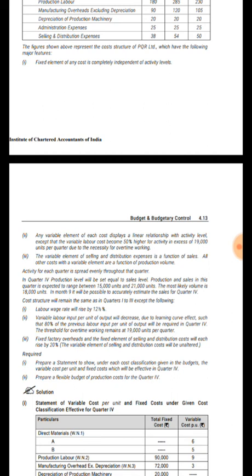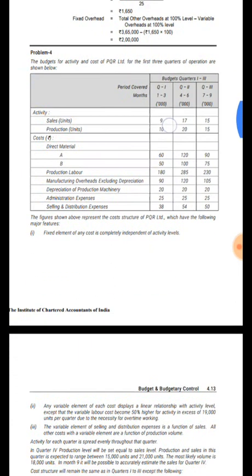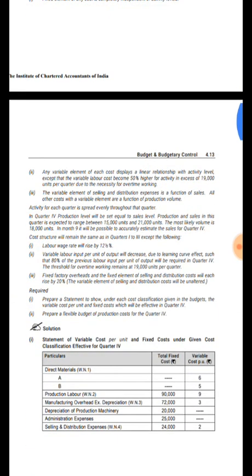So wherever it exceeds 19,000, we have to adjust that. See, in the second quarter it is 20,000, so there we have to adjust the variable labor cost, which will exceed by 50%. If that is 10 rupees, it will become 15 rupees.